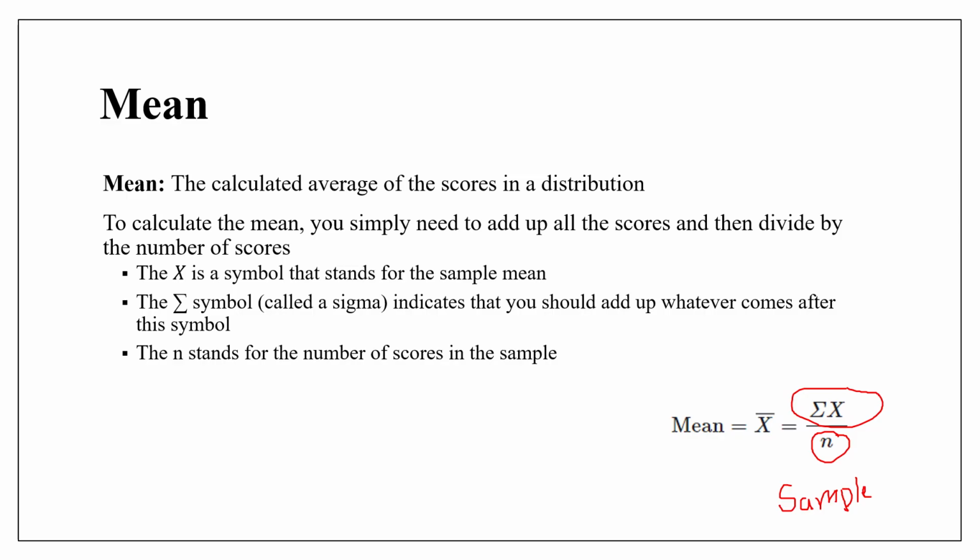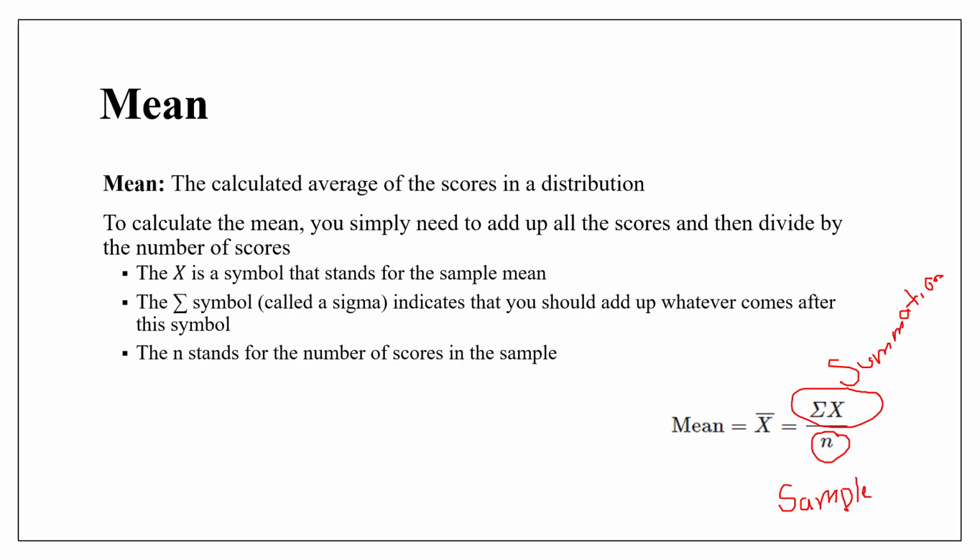So the sample is our total number of observations, but in scientific research, psychological research, we refer to it as a sample. So here, this is just like a summation, whereas at the bottom is the total number of observations we have.